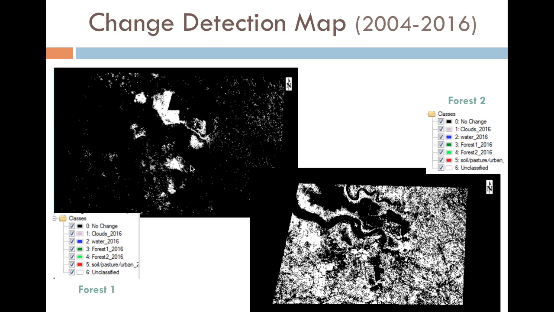Some were darker soil, and others had more vegetation within the pasture. So I'm sure that messed with the results a little bit. And then for Forest 2, it shows a lot of unclassified. I'm sure that has a lot to do with the soil and vegetation patterns that I had previously mentioned.